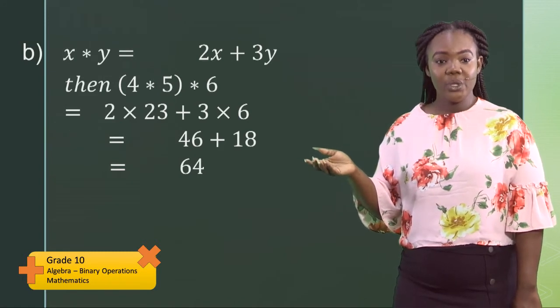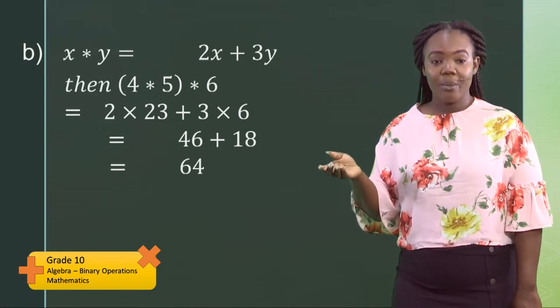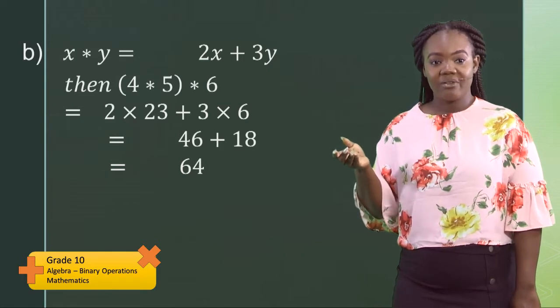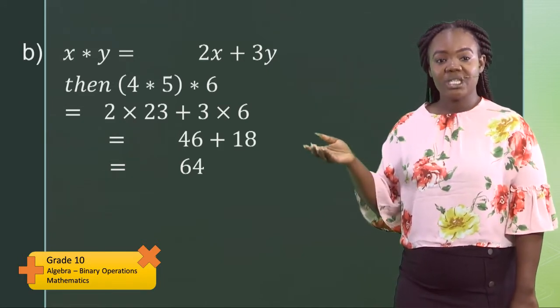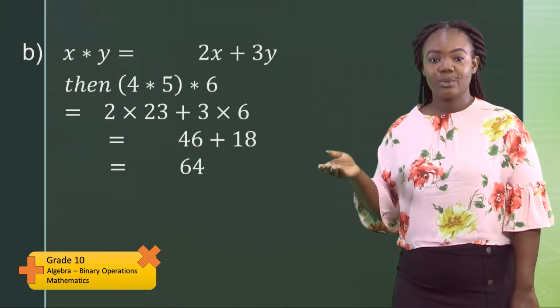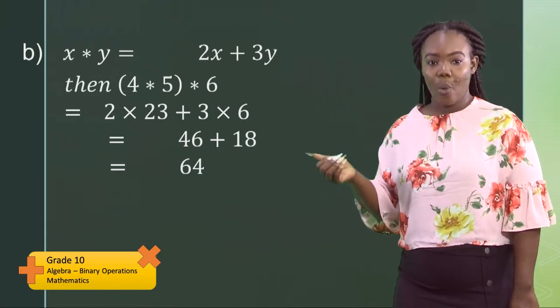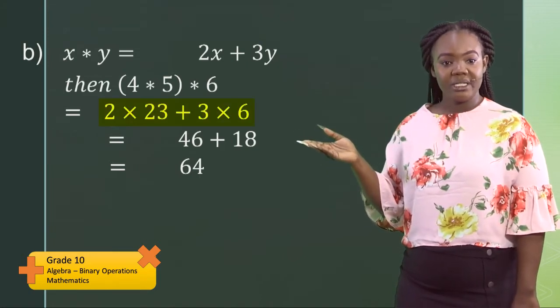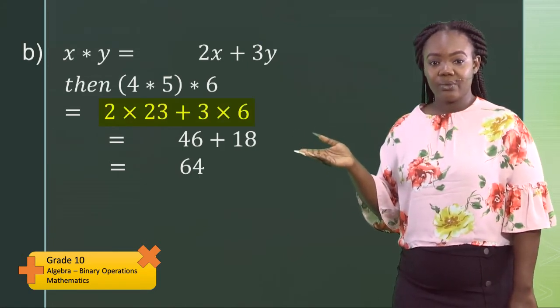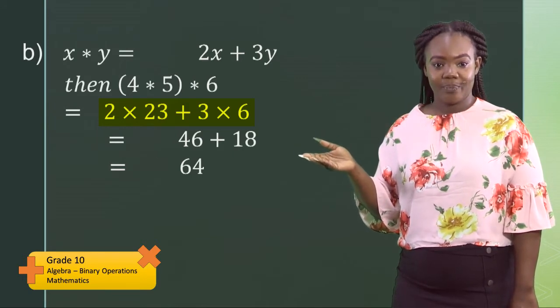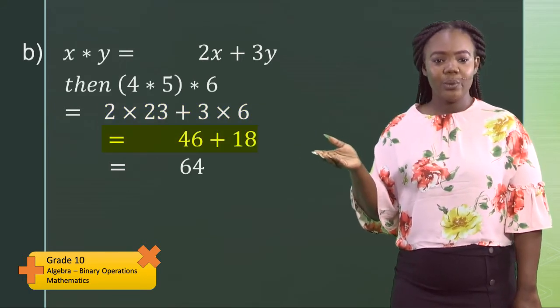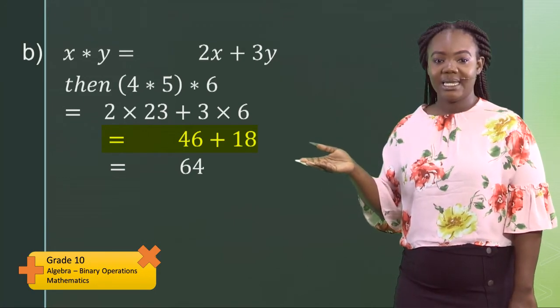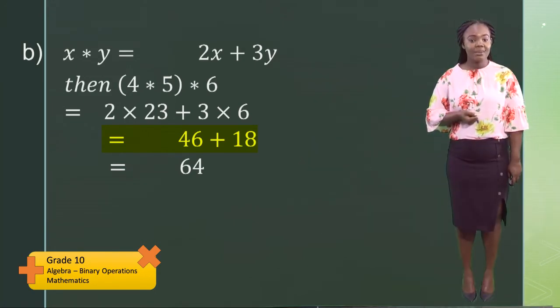So we substitute that value, because our 4 star 5 falls directly in the place of x. We substitute that value for x, and we substitute 6 for y. When we do that, we end up with 2 multiplied by 23 plus 3 multiplied by 6. When we simplify that, we will end up with 46 plus 18. And when we perform the mathematical operation of addition, our answer is now 64.